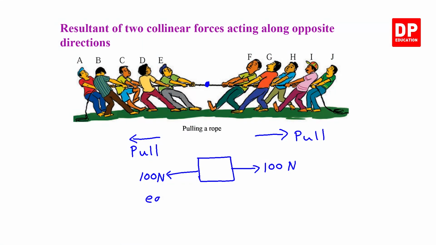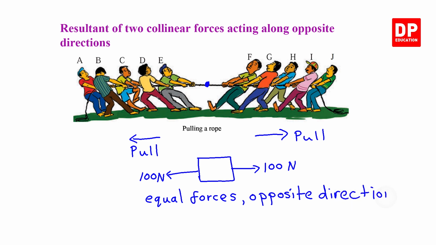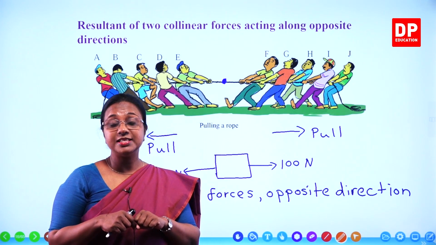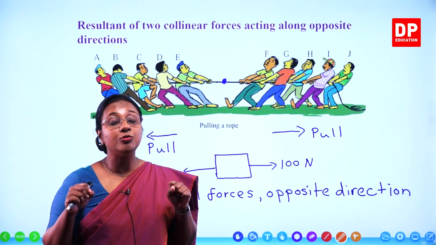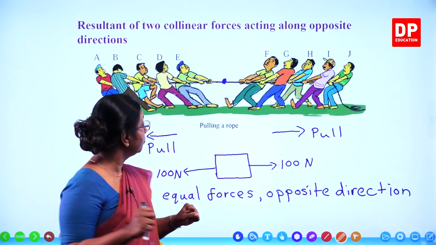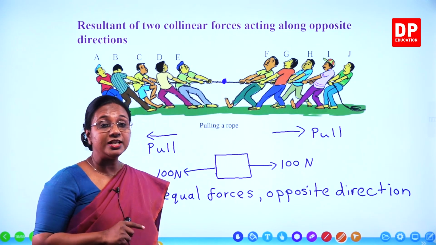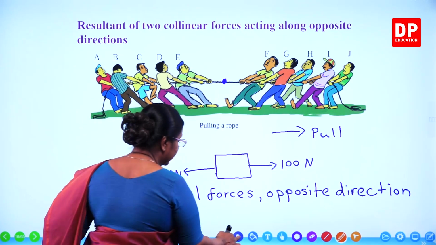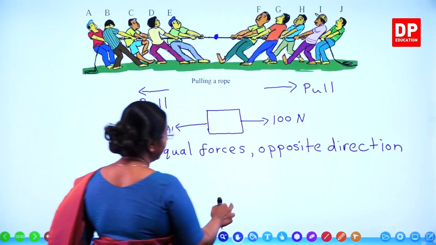Equal forces, opposite direction, what happens to the resultant? One person pulls, the other person pulls from the opposite side and they pull with equal forces. Will the object move? Will this point move towards one direction? No. You have seen that happening. So, that means here the resultant is going to be 0.